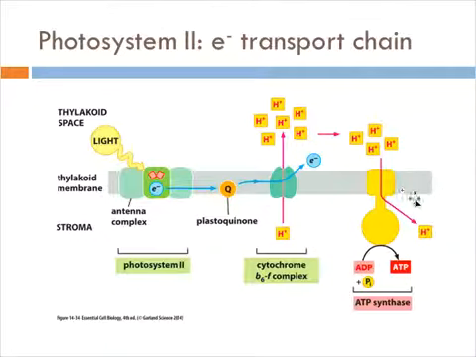This is happening along the thylakoid membrane. We also only have one proton pump, so we don't have a succession of proton pumps. But again, that's because photosynthesis is not the primary means of making ATP for the plant. Photosynthesis is the primary means of making sugar, which then we can utilize in cellular respiration.